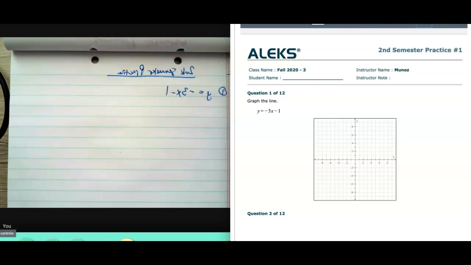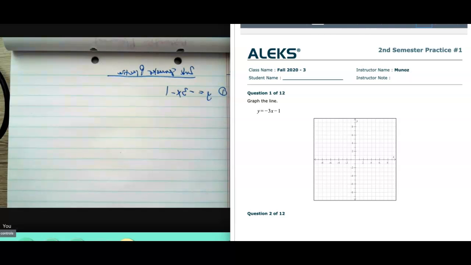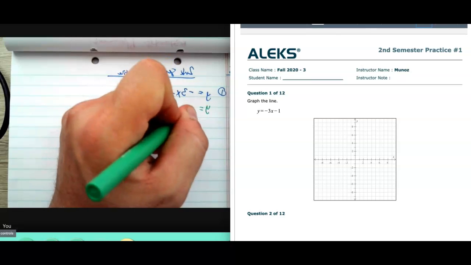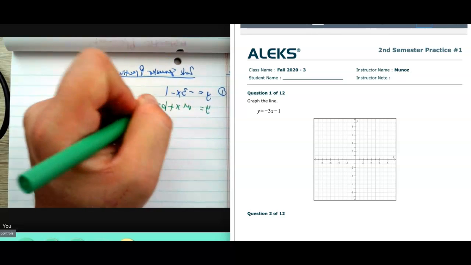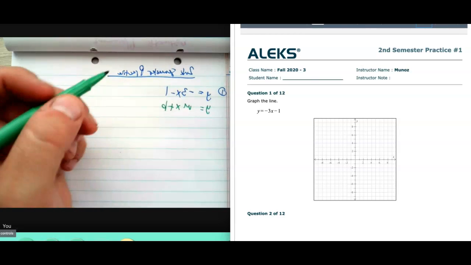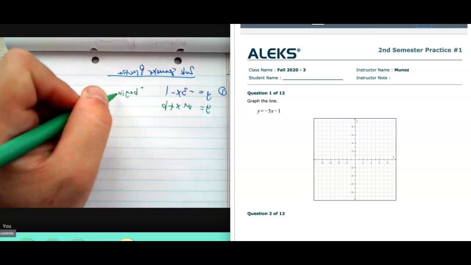Just remember, when the equation of a line is in the form y equals mx plus b, it's easy to graph, and all I really do is begin and move.